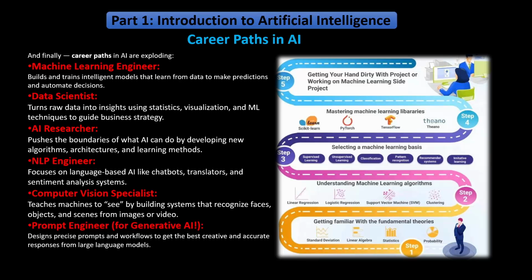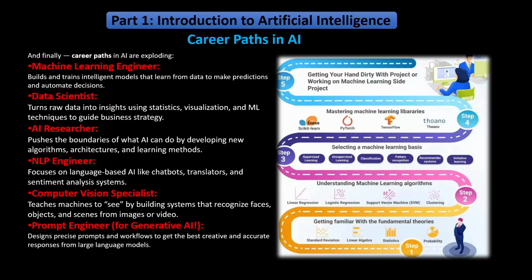A computer vision specialist teaches a machine to see by building systems that recognize faces, objects, and scenes from images or video. They mostly deal with image and video data. Prompt engineer. A prompt engineer designs precise prompts and workflows to get the best creative and accurate responses from large language models that are used in generative AI.